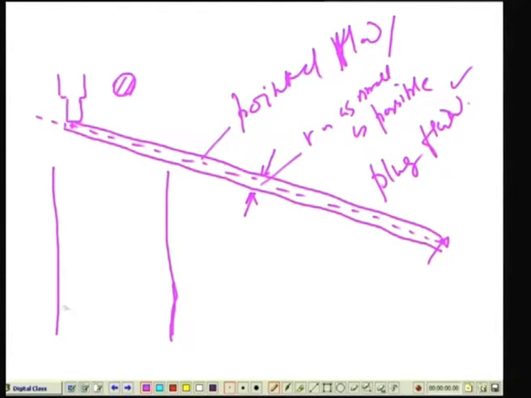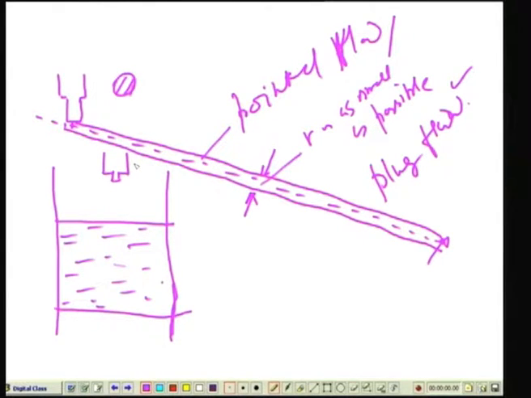If you are making a column of sand or a material with some permeability, and you are dispersing this material here, say this is how the material is being dropped, this is the medium through which the water is flowing.